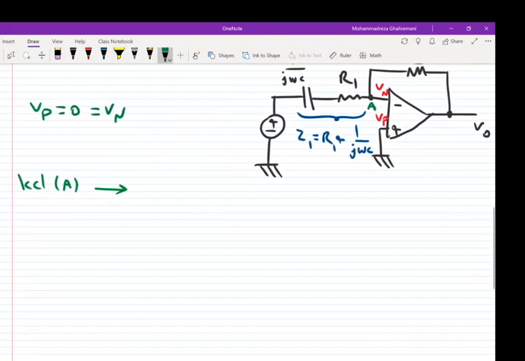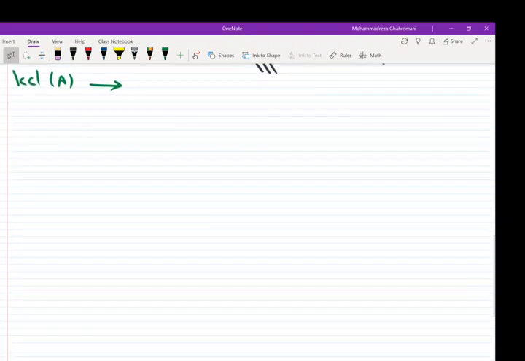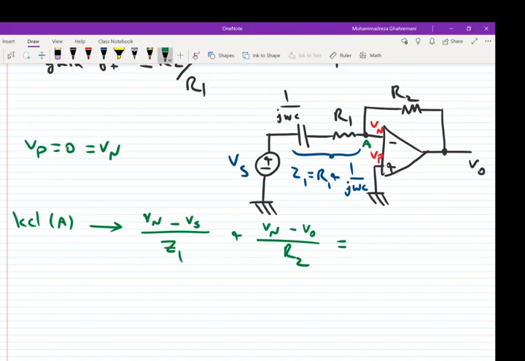KCL at node A. The total currents leaving the node is equal to 0. So we can say Vn minus Vs over Z1, where the voltage source is Vs, plus Vn minus Vo over R2 is equal to 0.